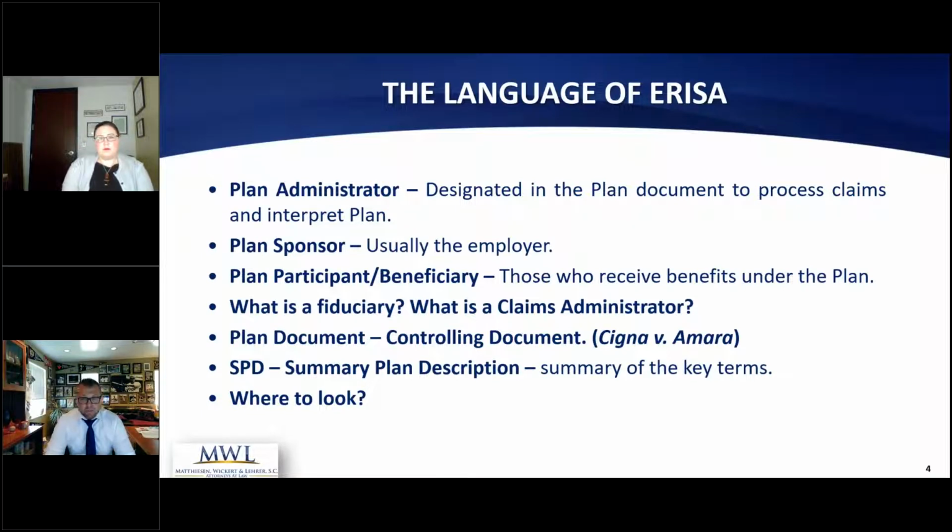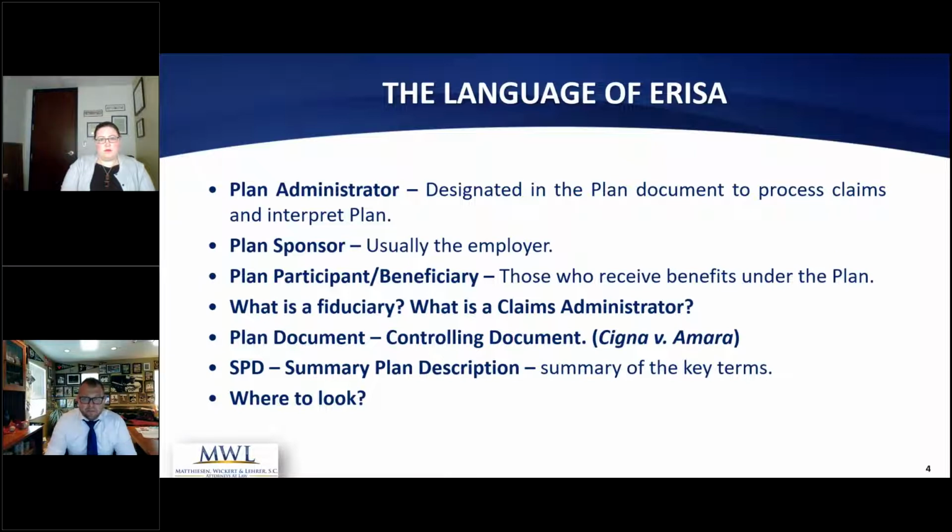Sometimes that claims administrator can be one of the BUCAs of the world. Oftentimes it's a freestanding claims administration company. And ideally their job is simply to process and pay claims in accordance with the terms of the plan.